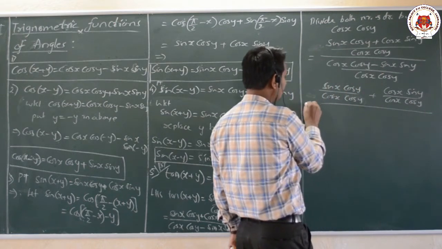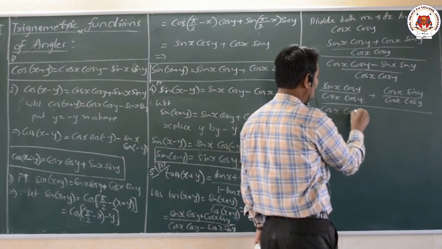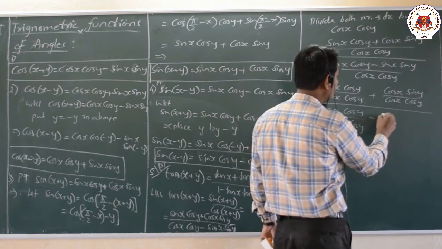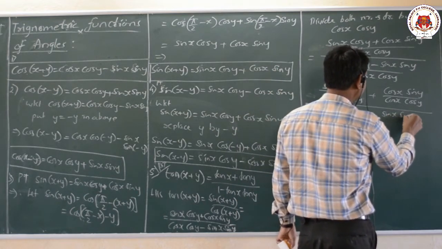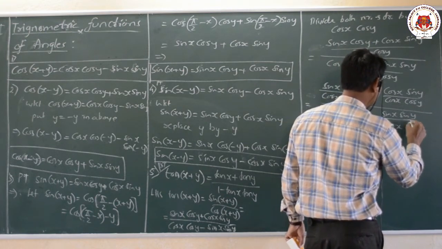Now whole divided by cos x cos y whole divided by cos x cos y, minus sin x sin y whole divided by cos x into cos y.